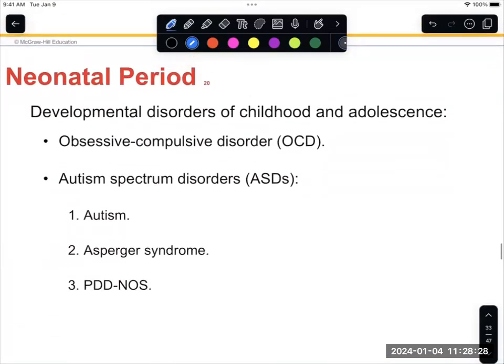Obsessive compulsive disorder. These people have obsessions that are recurrent, unwanted thoughts, and compulsions are irresistible, repetitive behaviors. A lot of people like to say that they're OCD about things, but somebody who truly has obsessive compulsive disorder, they will literally lock and unlock their door 4 or 5 times to make sure that their door is locked before they leave their house.